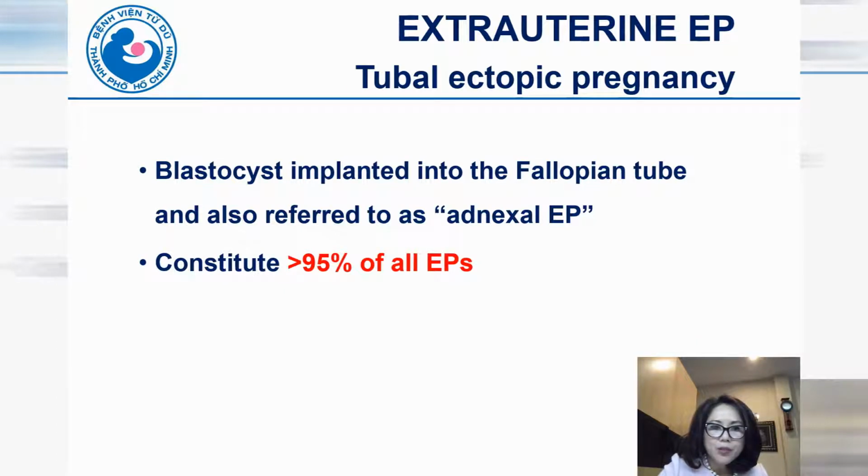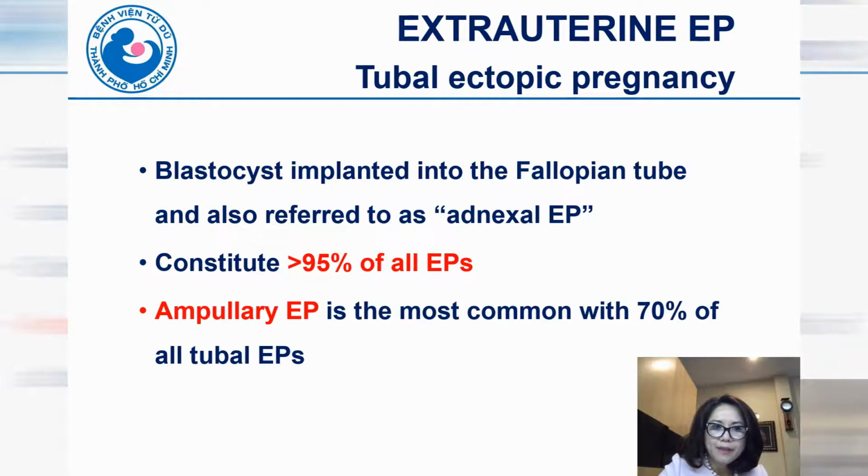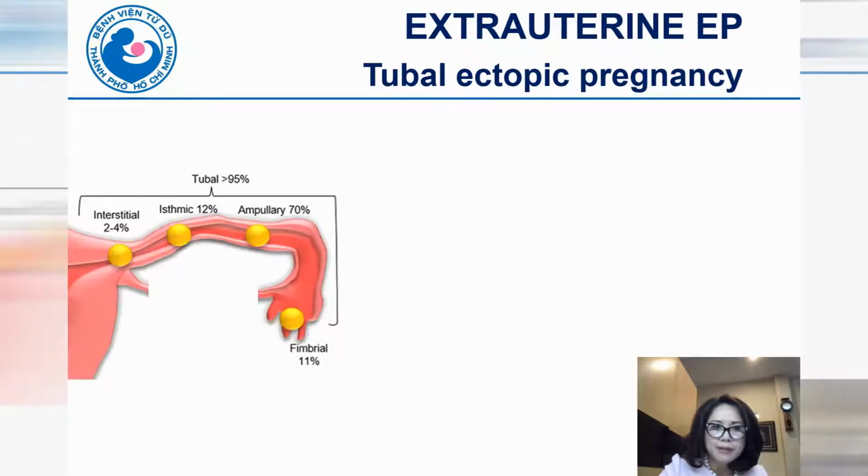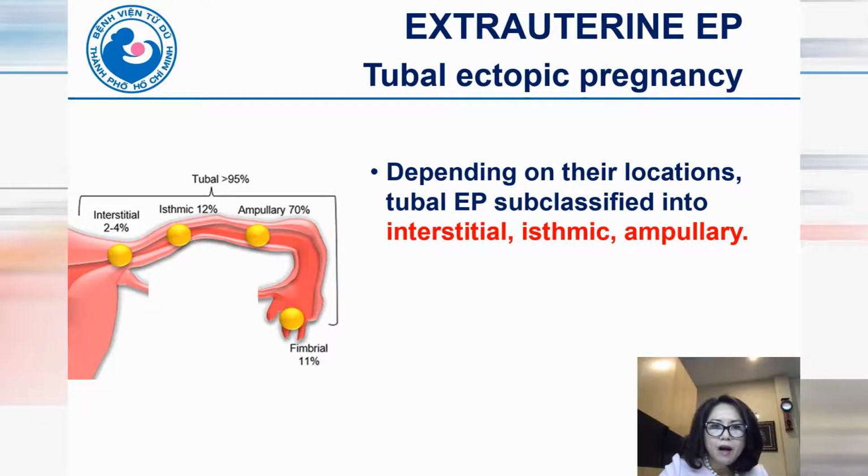It constitutes more than 95% of all ectopic pregnancies, and ampullary ectopic pregnancy is the most common, with about 70% of all tubal ectopic pregnancies. Depending on their location, tubal ectopic pregnancy can be subclassified into interstitial, isthmic, and ampullary.